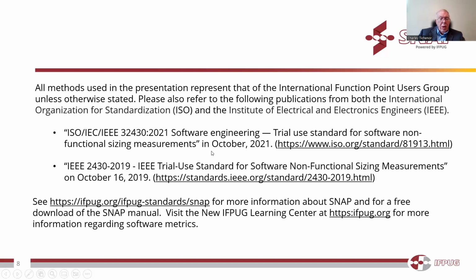See this link here for more information about SNAP and to be able to get a free copy of the SNAP manual as a download. Visit the new IFPUG Learning Center at ifpug.org for more information regarding software metrics.